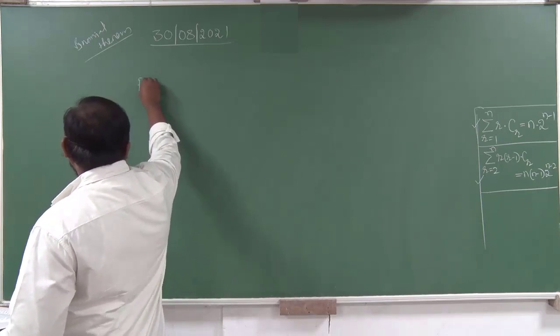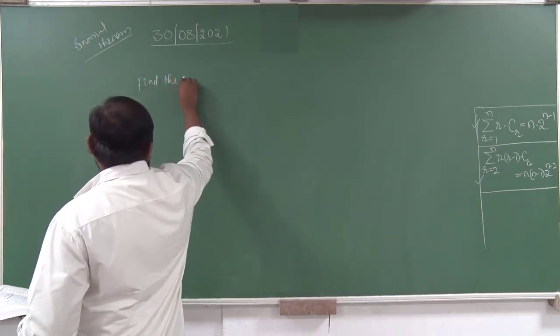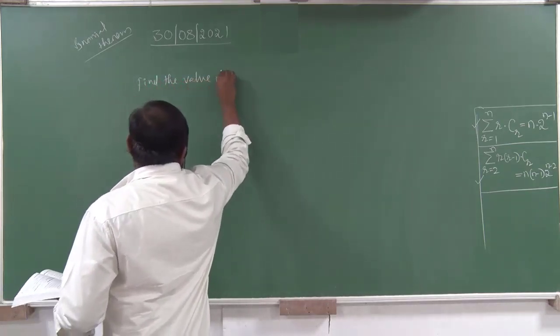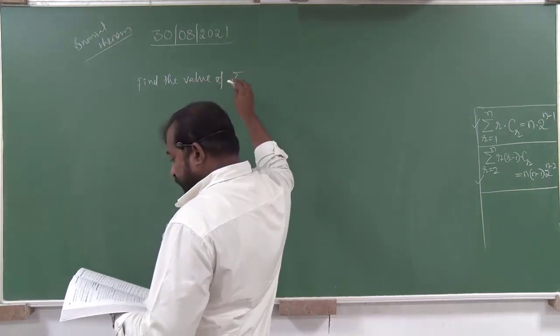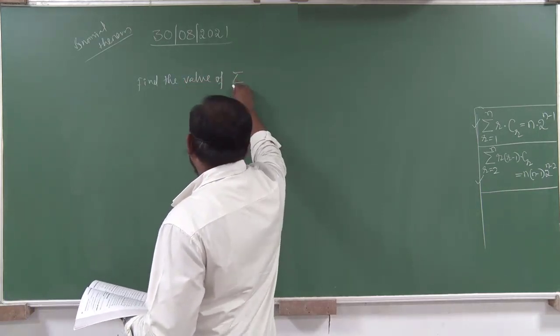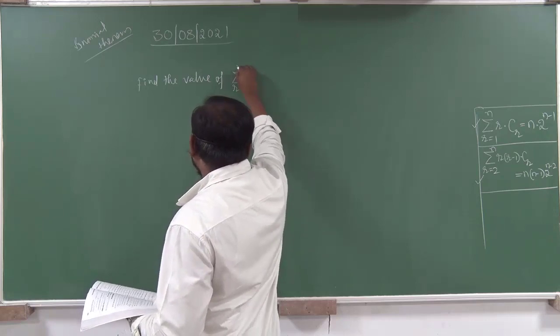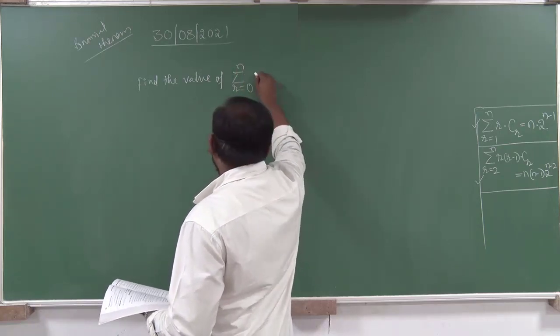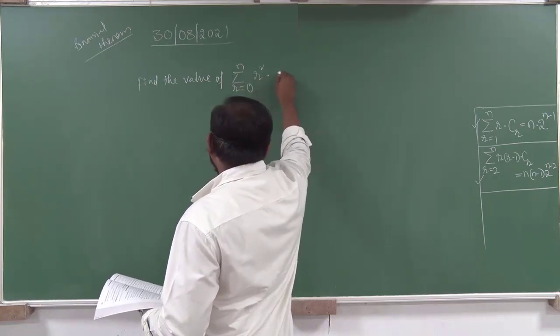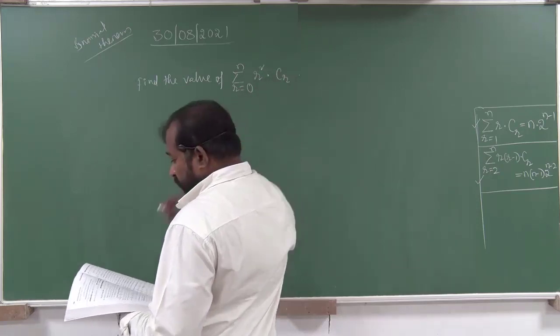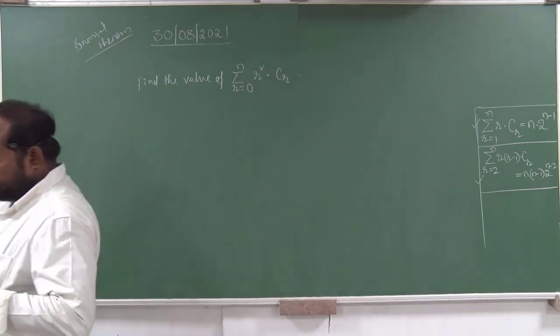Find the value of sigma r = 0 to n of r square Cr. This is the value if they give.